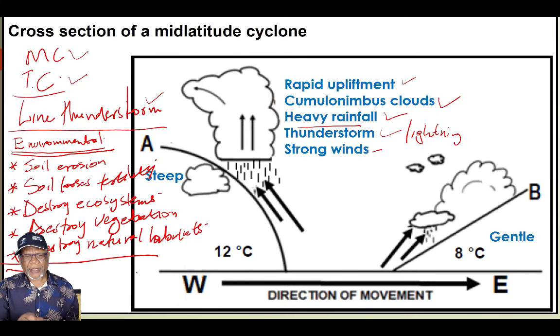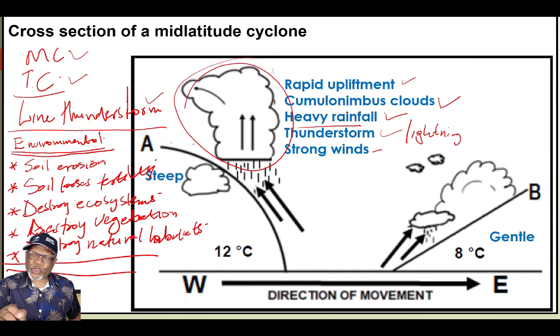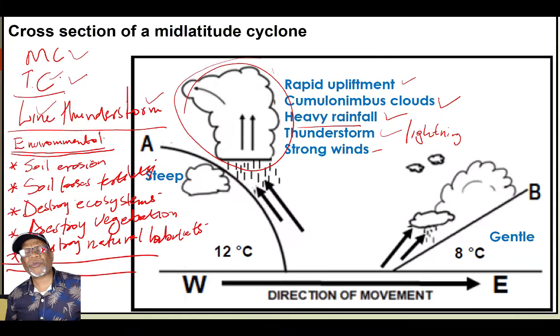Now, these are 1, 2, 3, 4, 5 factors. These are 5 impacts of mid-latitude cyclone on the natural environment. Because mid-latitude cyclone is associated with cumulonimbus clouds, and also tropical cyclone is associated with cumulonimbus clouds, and also line thunderstorm is associated with cumulonimbus clouds, it doesn't matter what question or what phenomena will be assessed on Wednesday.